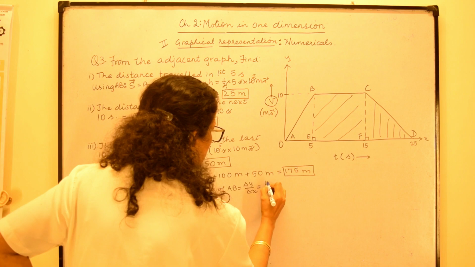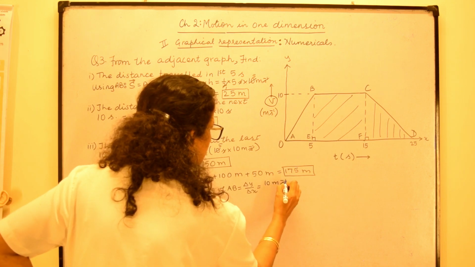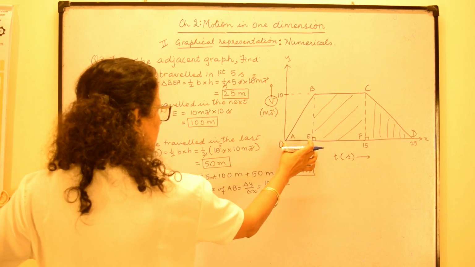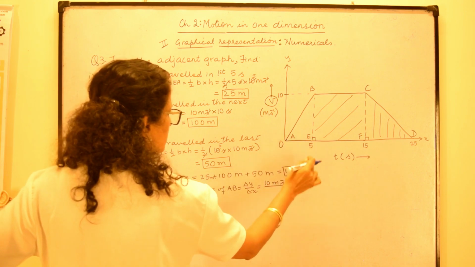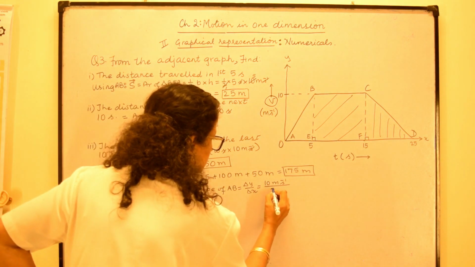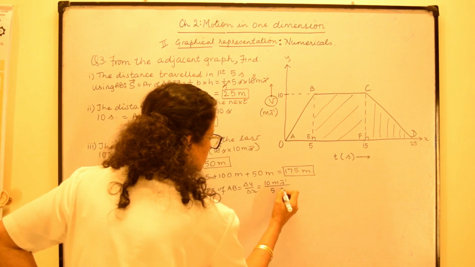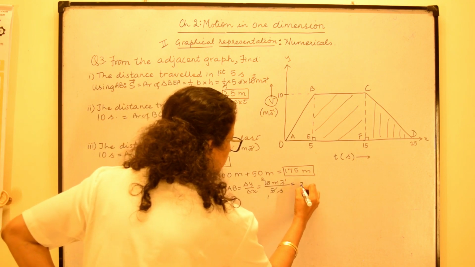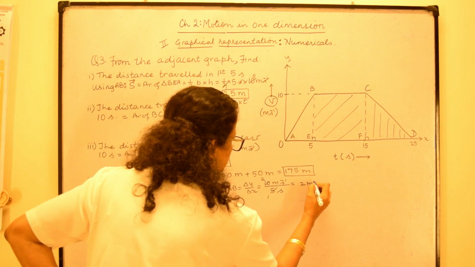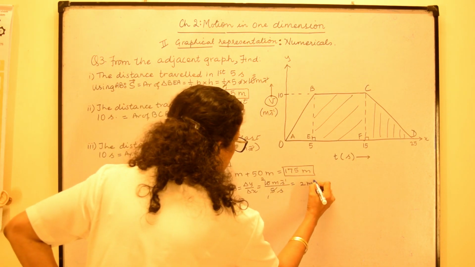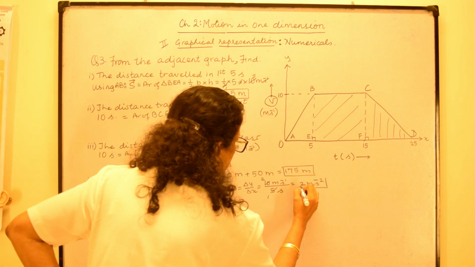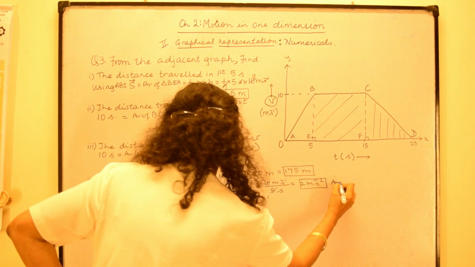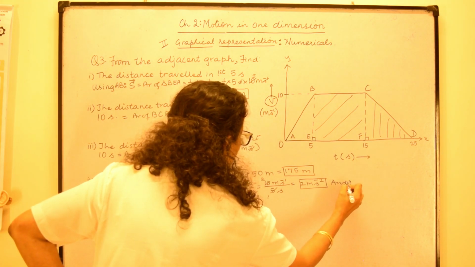It is going to be 10 meter per second, and upon delta x, that is going to be here this much, that is your 5 seconds. And that comes out to be 2 meter per second, so that is 2 meter per second square. And that is our answer 5.